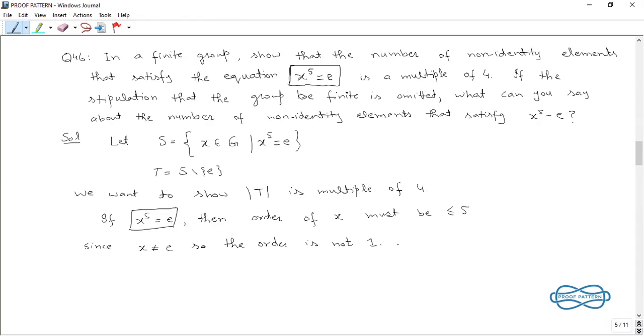And if the order is not 1, then it is exactly 5. And why is it exactly 5? Because 5 is prime and not divisible by 2, 3 or 4.